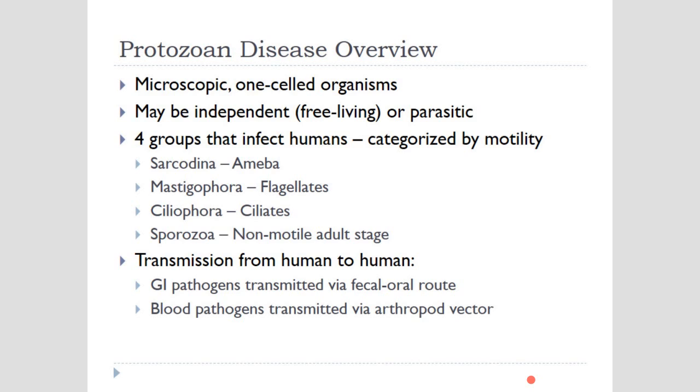The other important thing is that they have an ability to transmit disease from human to human. In the case of gastrointestinal pathogens, like amoeba, for example, they can be transmitted by the fecal route.